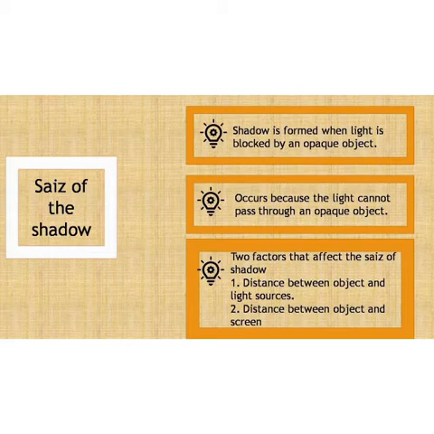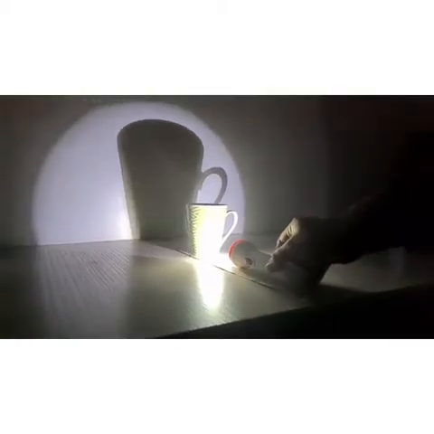There are two factors that affect the size of the shadow. Number one is the distance between the object and the light source, and number two is the distance between the object and the screen. Factor number one is the distance between the source of light and the object. When the source of light is near to the object, the size of the shadow is increased, or the size becomes bigger.